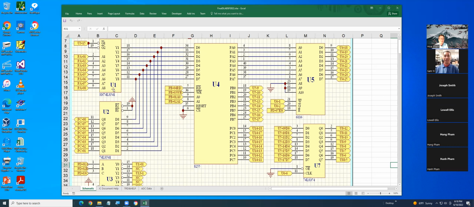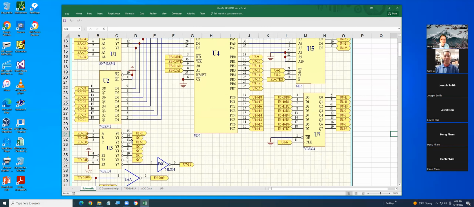Basically, this is just a buffer. Whatever you write in, they come in, and you can verify output from U2. Make sure pin 1 and 19 must be 0. Pin 1 and 19 basically come from U3.